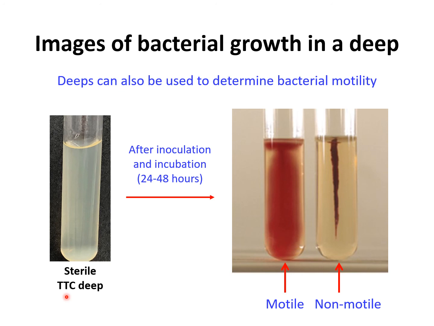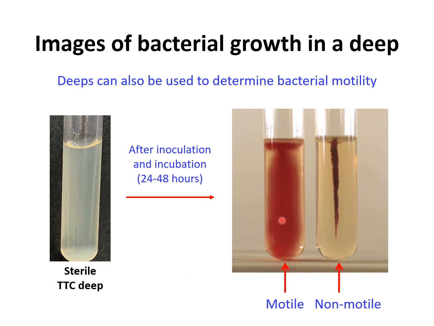Now, when the bacteria grows, they usually break down that dye that's found in this deep, and when it breaks it down, it releases a red color. So even if your bacteria doesn't produce any pigments, no problem, because as the bacteria grows in the TTC, it breaks that colorless TTC dye, and as it breaks it down, it turns it into a red color.